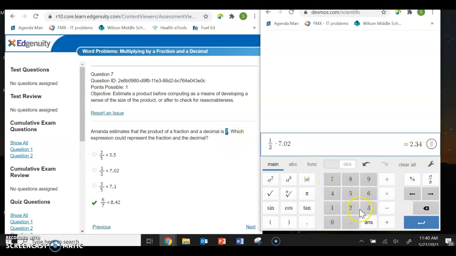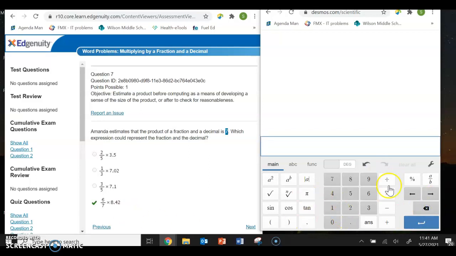Again, still nowhere near 7. Three-fifths times 7.1. Still nowhere near 7. We're at 4.26.